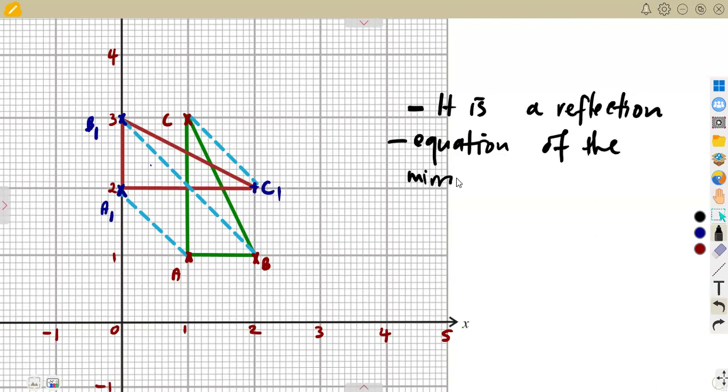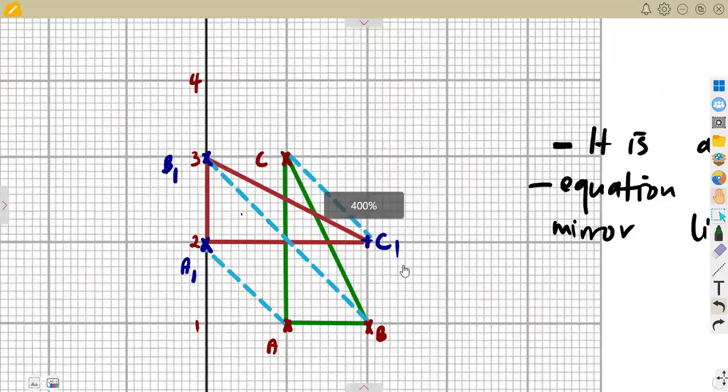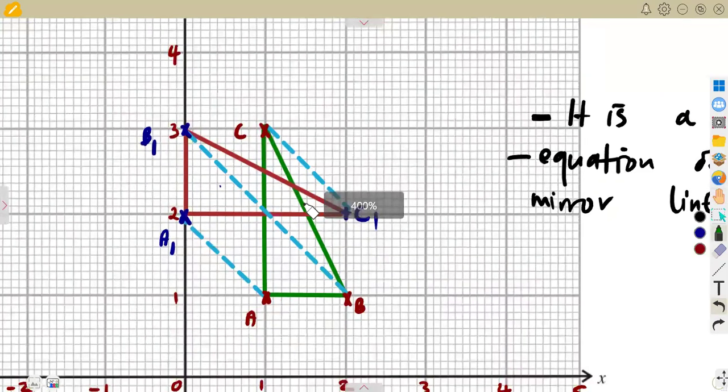The equation of the mirror line is the one that I said you must first bisect the corresponding combination in order for you to have the mirror line. So we are going to bisect any corresponding pair. Is it C to C1? Is it B to B1? Is it A to A1? That one is a choice.